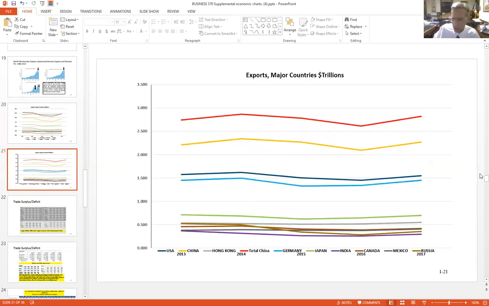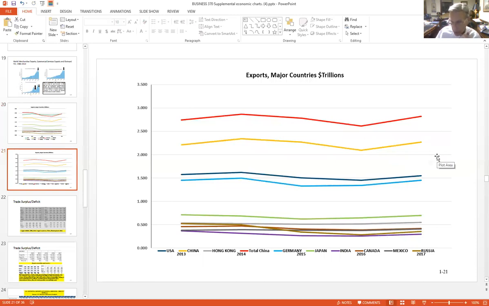Here are exports. No question about the leading exporter. It's China by a wide margin. And down here are exports from Hong Kong. We need to total those very often. For instance, merchandise will be transferred from mainland to Hong Kong and then from Hong Kong to other countries.